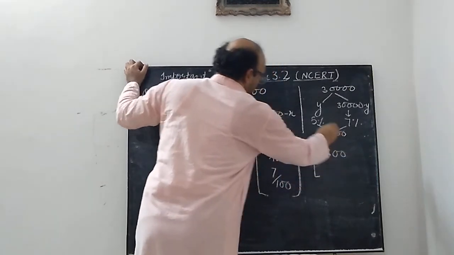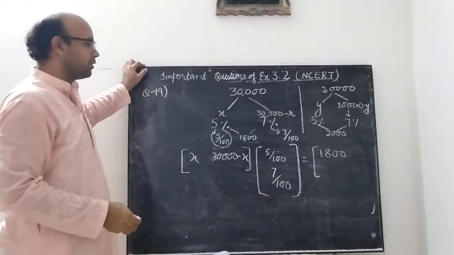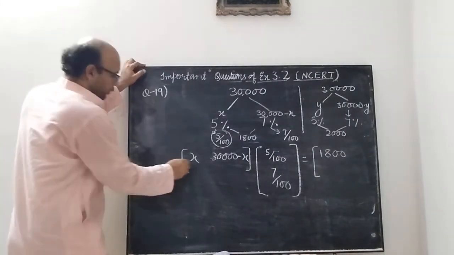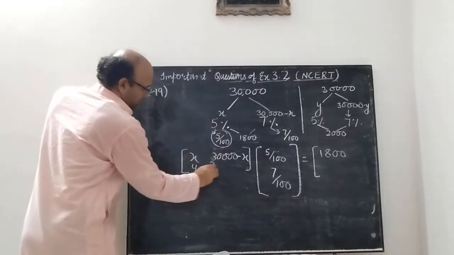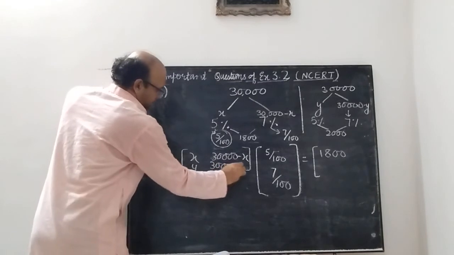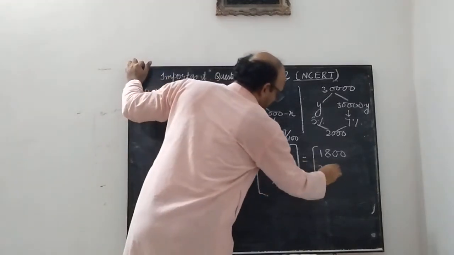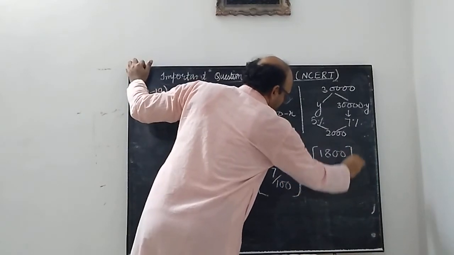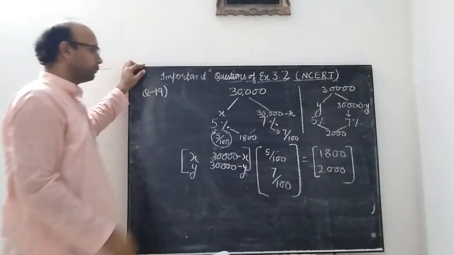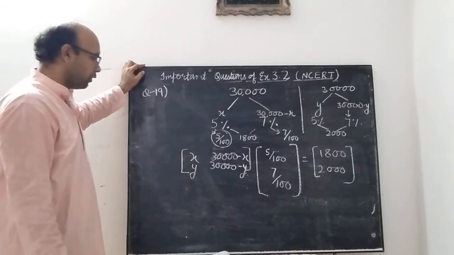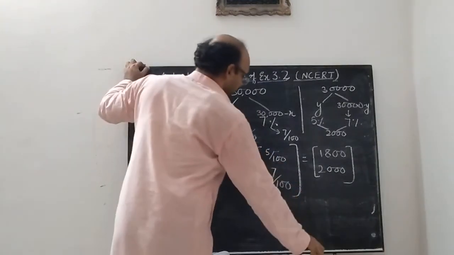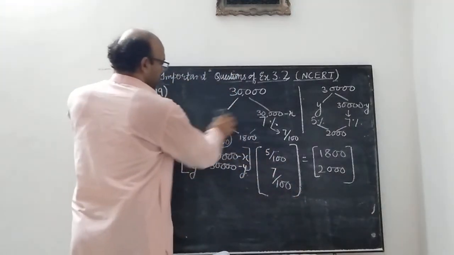But now, if you want to solve both the parts simultaneously, you can form a 2 cross 2 matrix. You can write it like this, and over here, this will become 2000. On solving these two, first of all we multiply these.